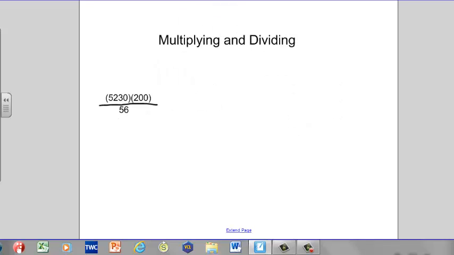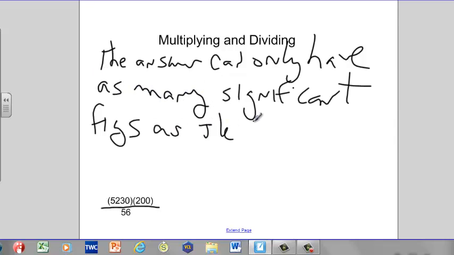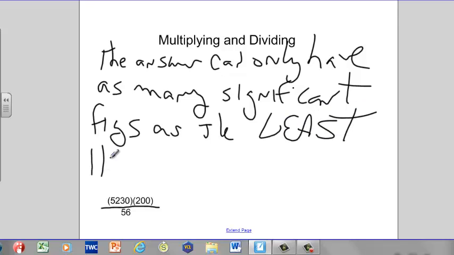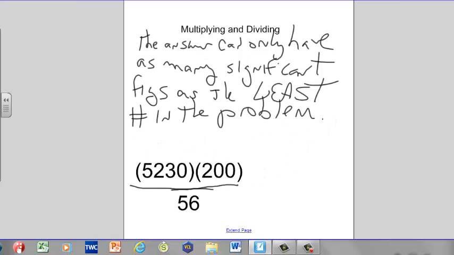The rule for multiplying and dividing: the answer can only have as many significant figures as the least number in the problem. Let's take a look at this one that I've made up here.